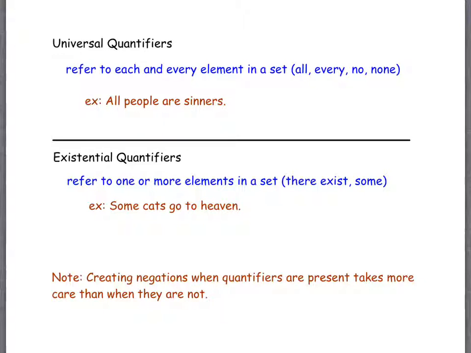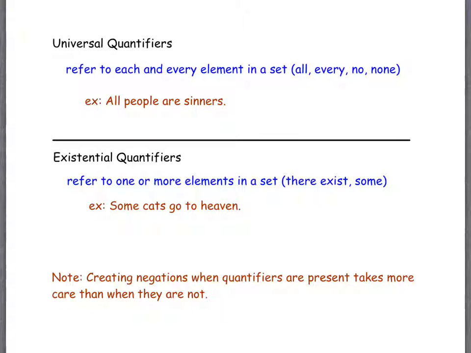You never do this. Those are the words we're talking about here. They're universal quantifiers. For example, all people are sinners. All excludes no one. Every single one. So if you tell me I'm a person, I can tell you you're a sinner. That's the idea.